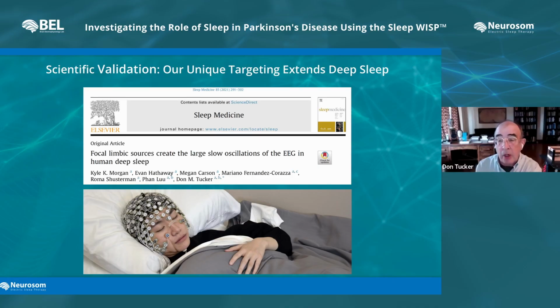That then allowed us to target those limbic regions in order to understand how to approach the optimal stimulation of deep sleep. So this has been part of the conceptual background.